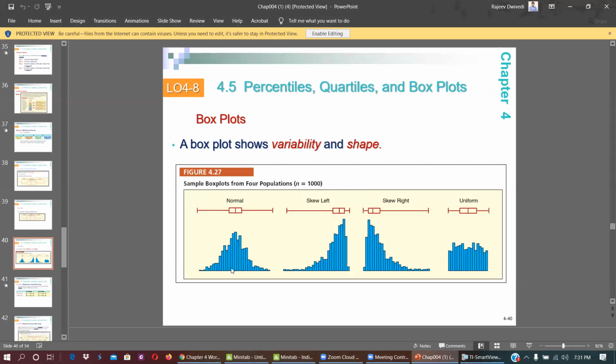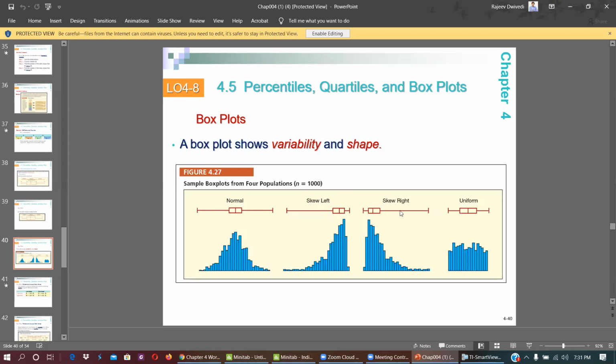Yeah, so based on that you can also understand what kind of shape the data has. So basically we got this kind of box plot. Therefore we can say our data is almost symmetric. If the box is towards this side, you can say skewed left, meaning the tail is towards this side.